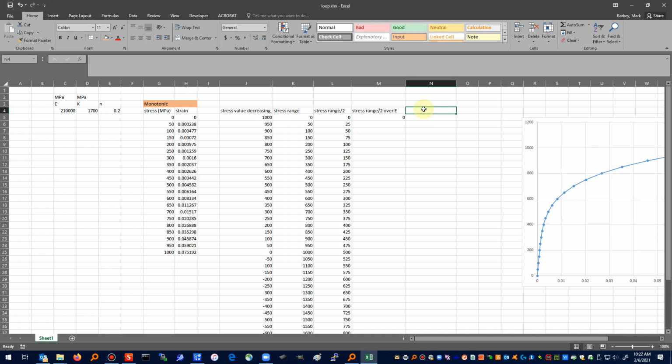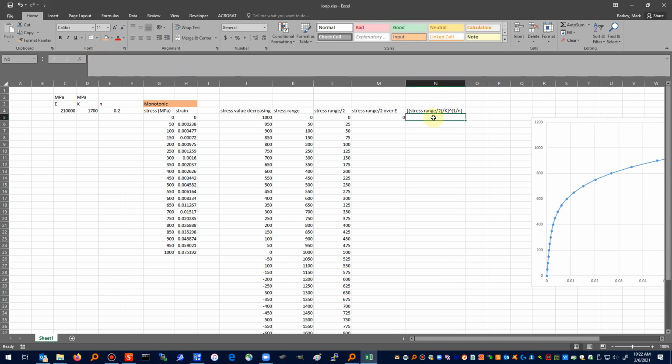Okay, now I'm going to take stress range over 2 and divide the whole thing by K. And I'm going to take that to the 1 over N. Stress range over 2 divided by K, and that whole thing to the 1 over N.